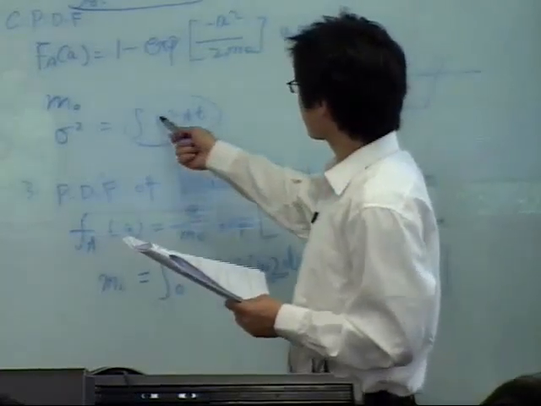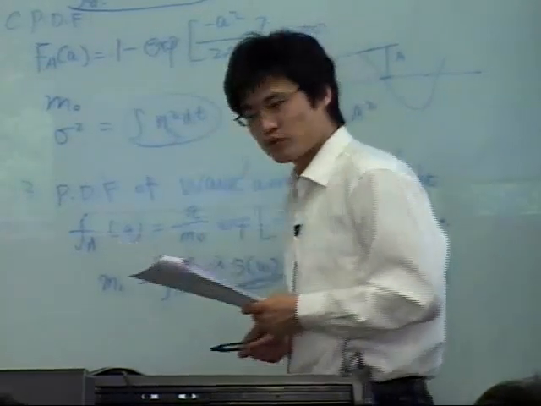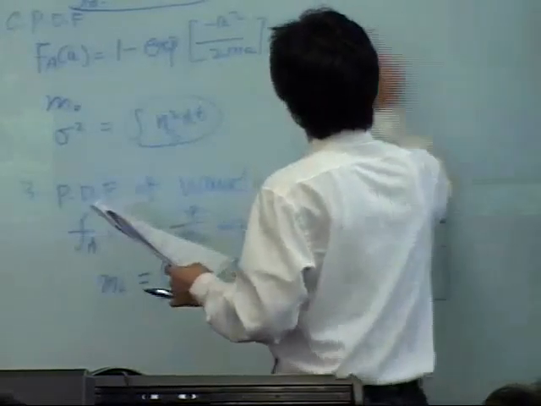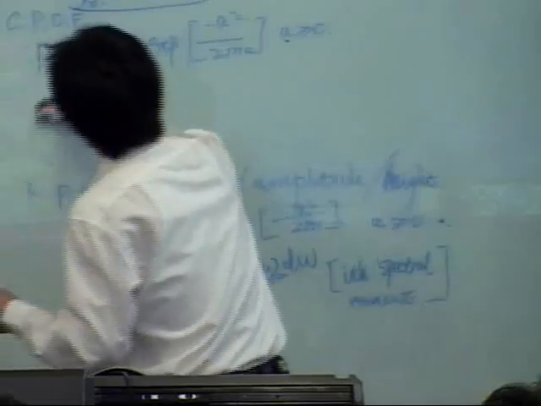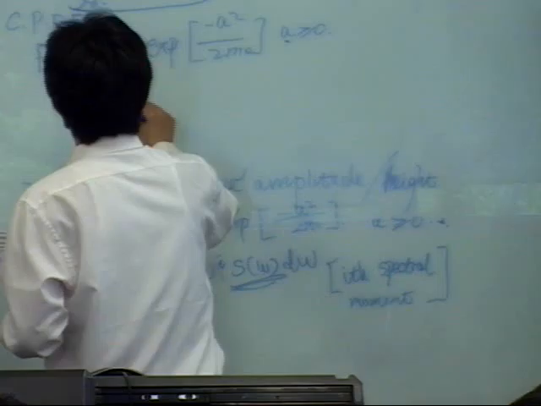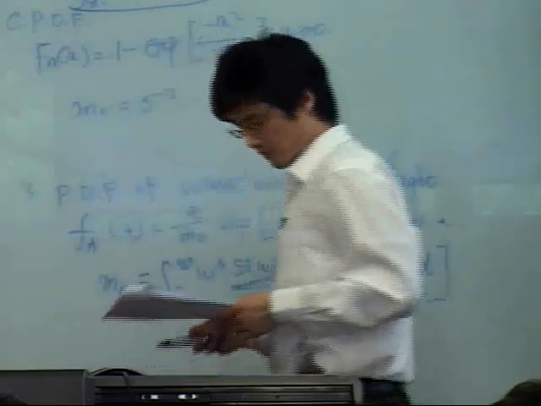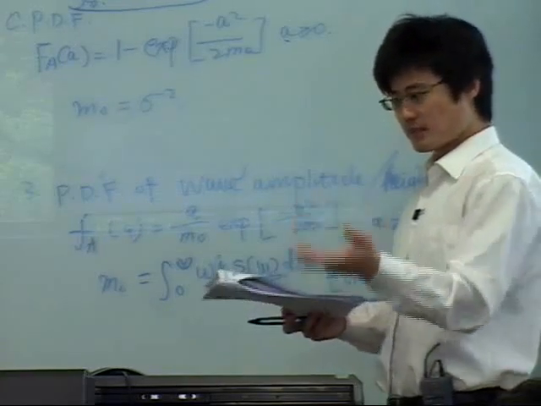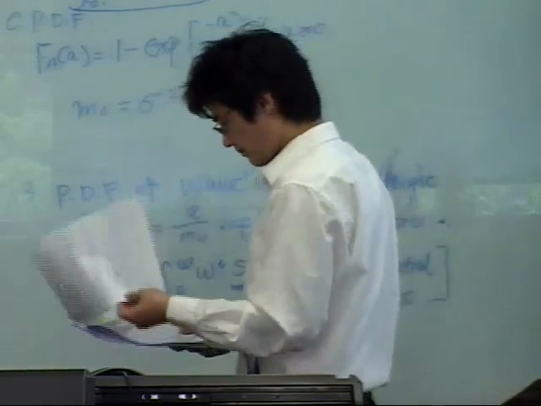The integration of A squared is also the total energy. What does that mean? That means M now equals sigma squared. That's a very straightforward thing. It's just based on conservation of energy.